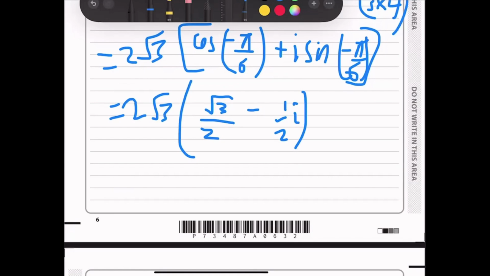There you get, so 2 gets cancelled off, w is equal to 3 minus root 3 i.